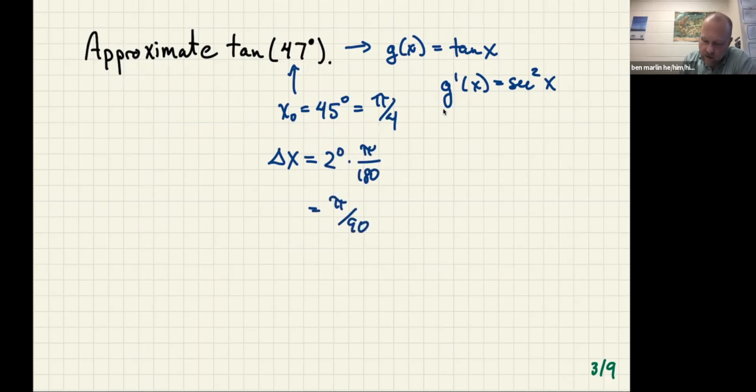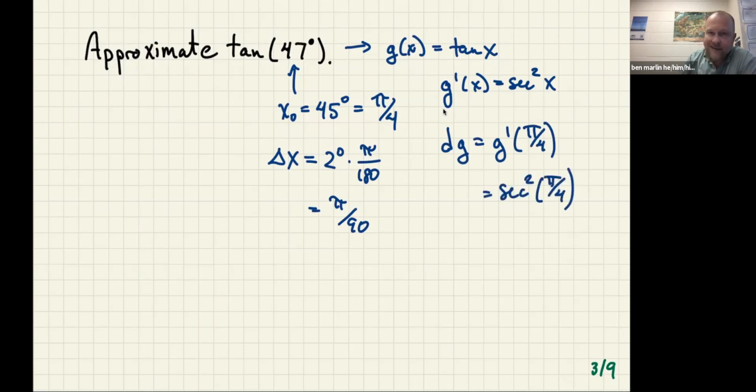So here, when we talk about the dg, it's just g prime evaluated at your 45 degrees, or your pi over 4. And so that is secant squared of pi over 4. Secant is 1 over cosine, so this is really 1 over 1 over square root of 2, and then square it.